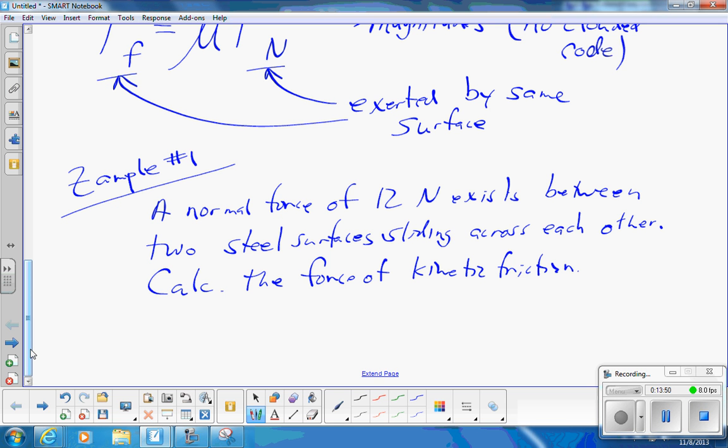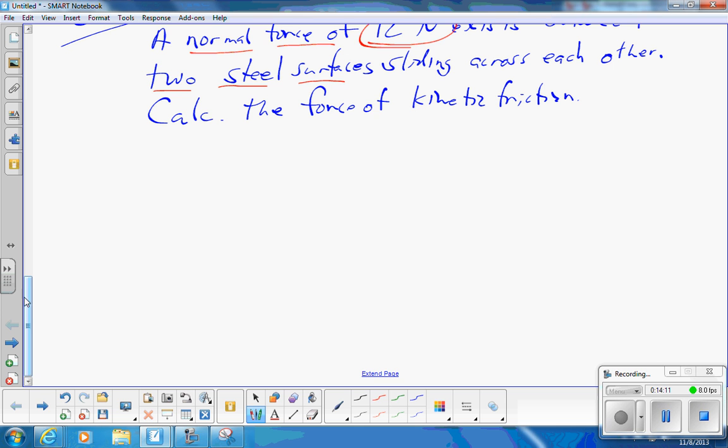Okay, so you look at the problem and you say, okay, they gave me a normal force right here of 12 newtons. And then they didn't give me a coefficient. What they did is they gave me two steel surfaces. So you've got, this would be like a steel table, which we all have in our houses, and a steel box sliding on that steel table.